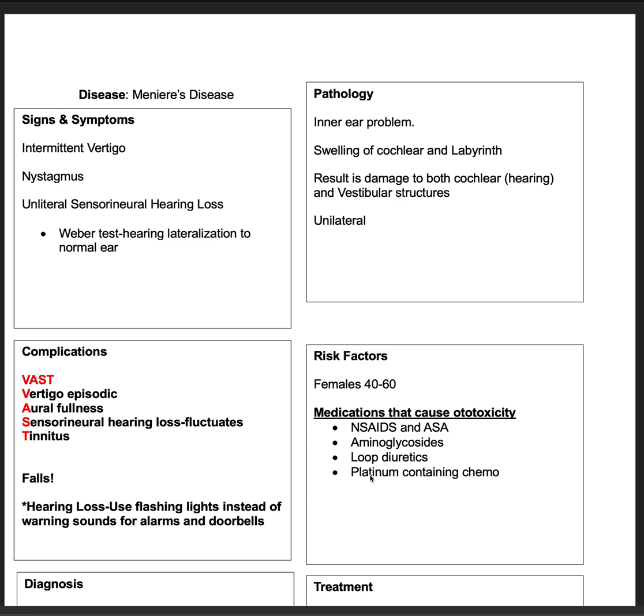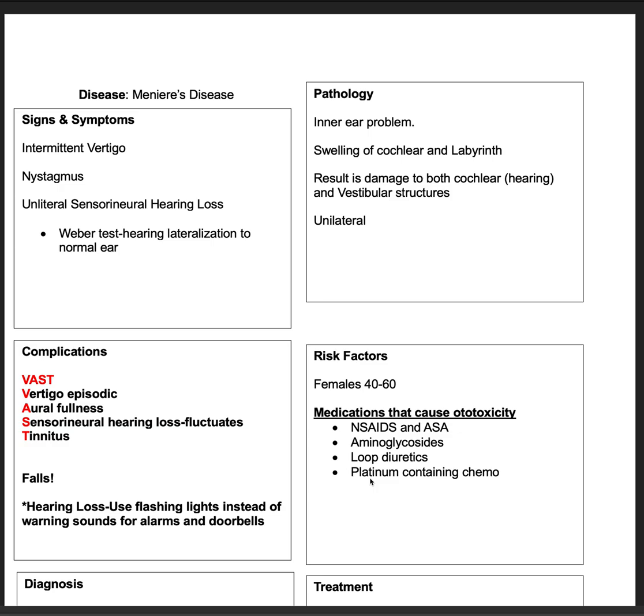All right. If they have hearing loss, one of the things you're going to have to make sure they have at home before they go home is flashing lights instead of warning sounds for alarms and doorbells. So you have to make sure their home is equipped with flashing lights to alert them if there's an emergency going on or somebody's at the door.